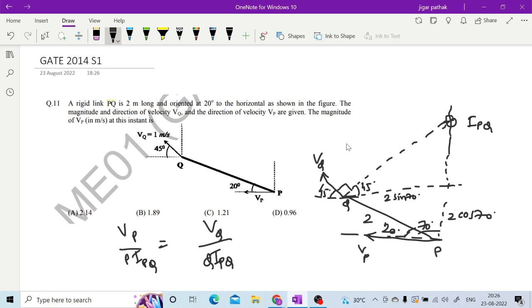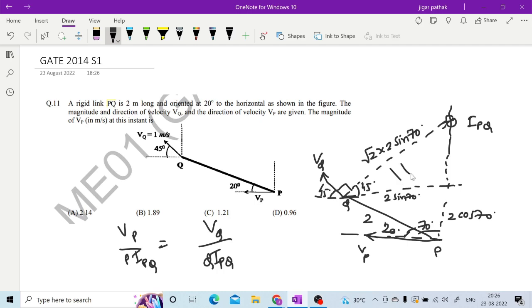When you apply this and further simplify, you will find this as root 2 into 2 sine 70.